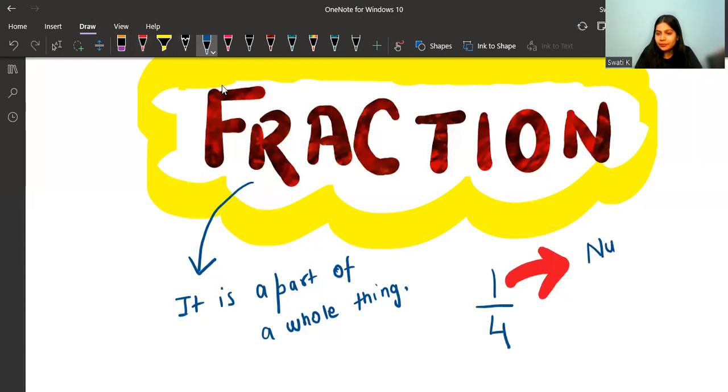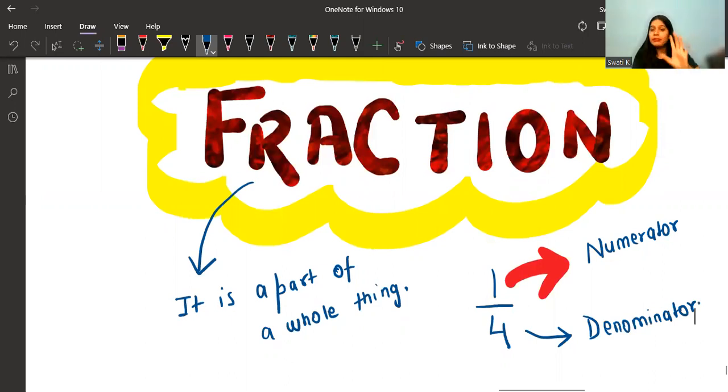The top part we call as numerator, and this is the bottom part that we call as denominator. So in a fraction, the top part is called the numerator and the bottom part is called denominator.